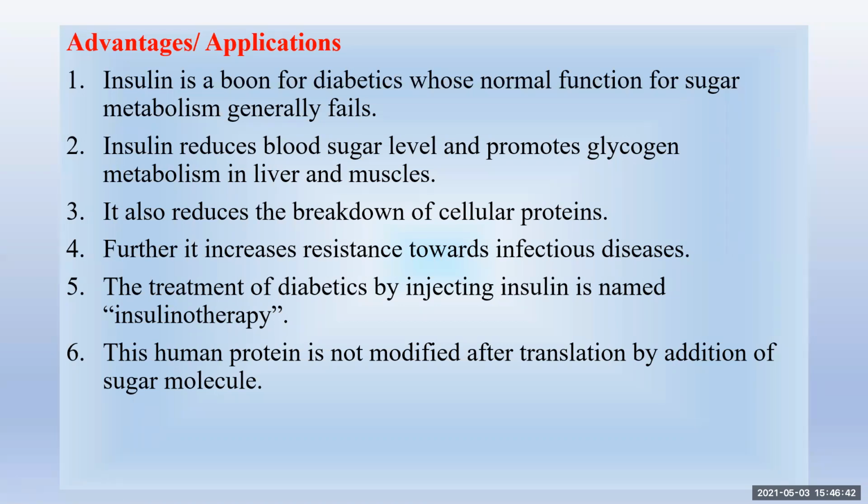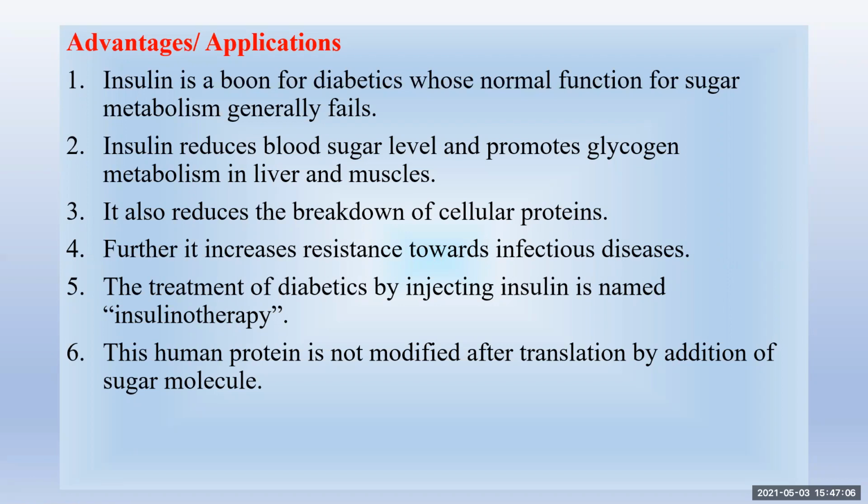What are the applications of this? Insulin is a boon to diabetic patients whose normal function for sugar metabolism fails. So insulin can be injected into their body. Insulin reduces blood sugar level and promotes glycogen metabolism in liver and muscles. It reduces the breakdown of cellular proteins. It increases the resistance of a person towards infectious diseases.